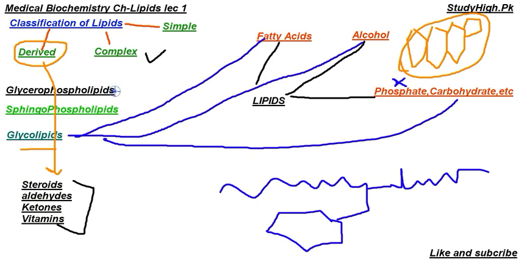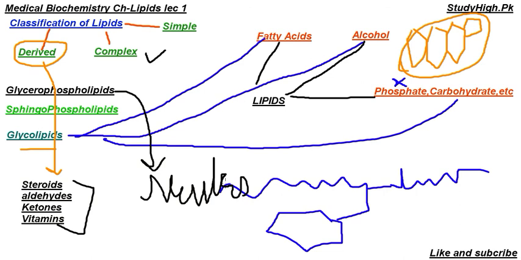So neutral lipids, you must also know the three important types of neutral lipids. One is triglyceride, then cholesterol and cholesterol ester. All these are included in neutral lipids. They are uncharged lipids.